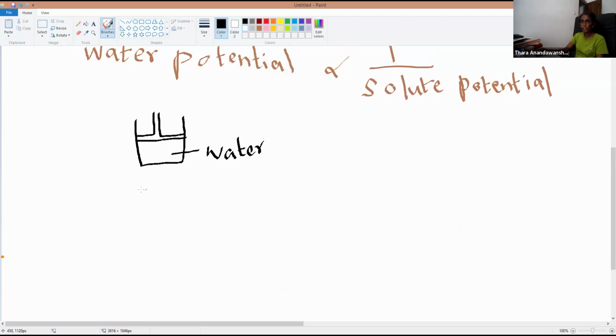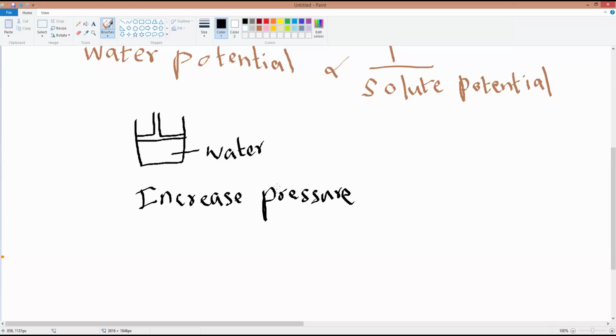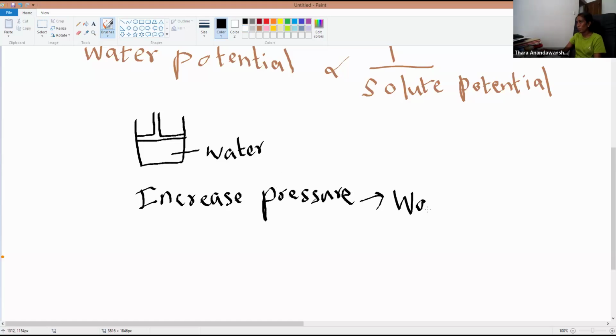If you increase the pressure, what will happen to the water potential? It will also increase, so the water potential goes up.